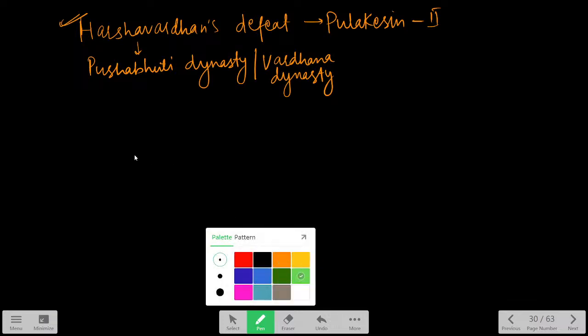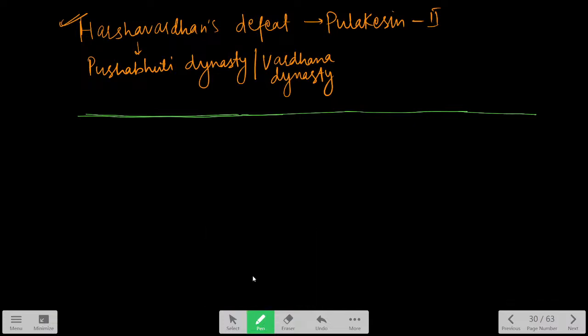Now what was happening after that? In the northern and northeastern part, three important rulers started dominating the whole area, and this started a tripartite struggle in the north, northwest, and even the eastern part of India.